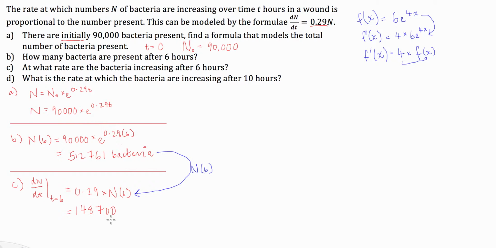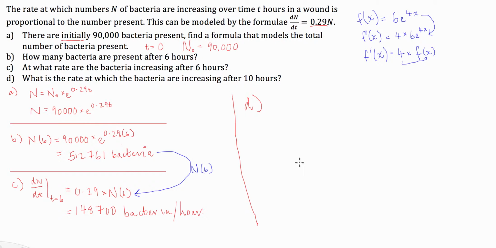Yep, okay, cool. And that's going to be bacteria per hour. Always good to put your units in, guys. Just remember that. Makes you look like you know what you're talking about.